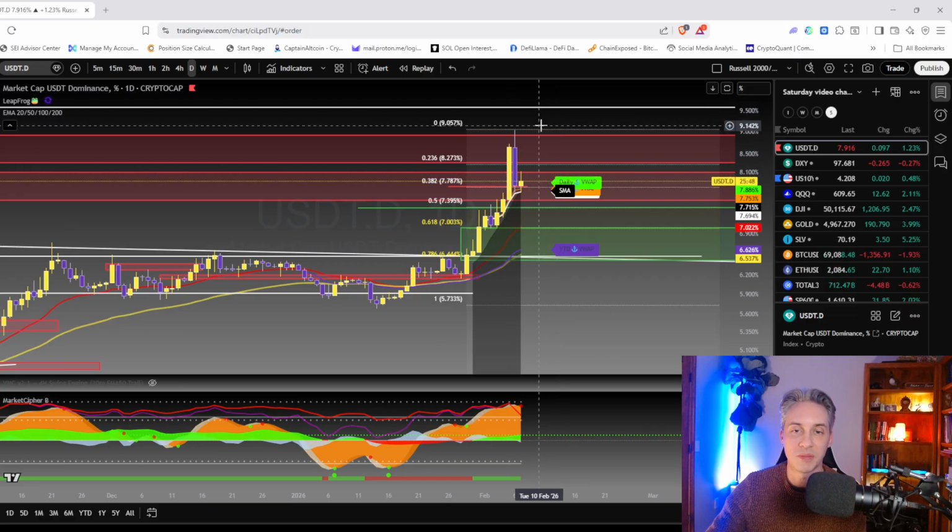And then what you end up seeing is that it did sell off, and crypto will basically show you exactly the inverse of this. Now, what I'm watching are these two red rectangles that I've put together here. These are previous areas where USDT dominance sold off, which means crypto aggressively pushed to the upside.